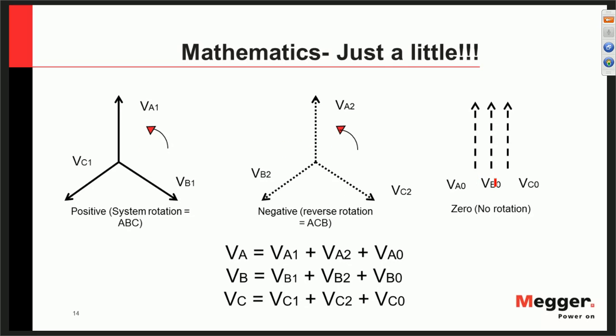Then I have the zero sequence vector, which does not have any kind of rotation, and they are all the same in phase angle and equal in magnitude. If I sum all of them together, I'm going to get my unbalanced vectors, as derived in the equation you can see here. My phase vectors are equal to the summation of all the sequence vectors.